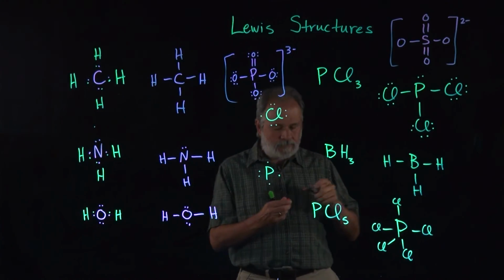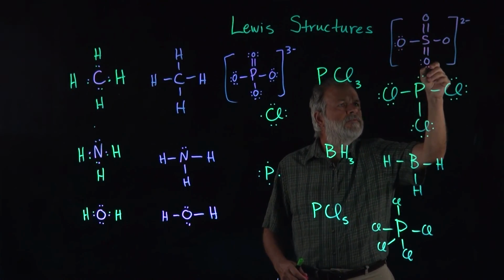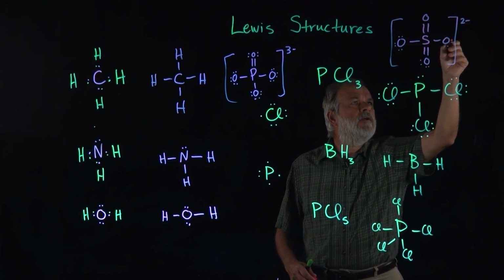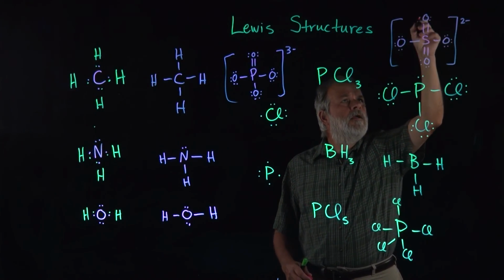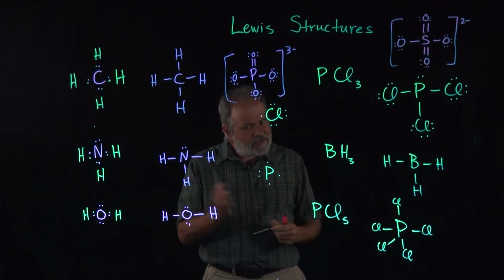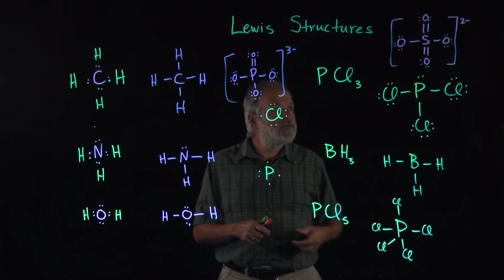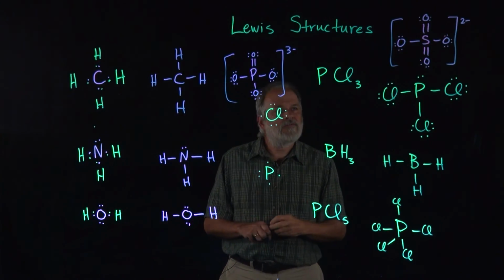And when we look at sulfate, when you count the valence electrons, it also has 32, and so 8, 8, 8, 8 makes 32. So this is a Lewis structure for sulfate.